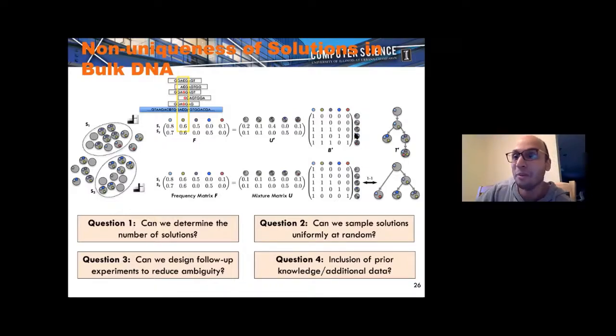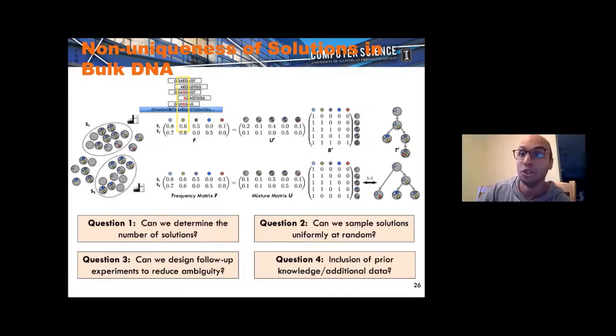And if you remember the point that I made at the start, tumor phylogenies are input to downstream analyses. Now, if there are different reconstructions I can give for the same tumor, they could actually alter conclusions in downstream analyses, including treatment. So this is super relevant. You want to understand the solution space. So there are a couple of questions that we're asking in the group. Can we determine the number of solutions?